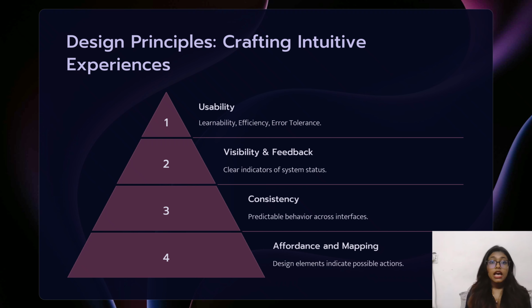For example, a loading bar shows that the system is working. Consistency helps users predict what will happen, and affordance refers to clues that show what actions are possible, like a button that looks clickable. When all these elements are used together, users feel more in control and less confused.